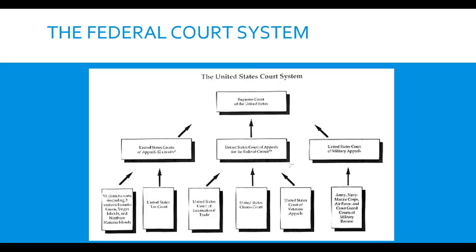And then below are the various district courts, tax court, international trade courts, veterans, military. So this allows you to see how the court system operates when a case is heard down at one of the lower courts. It does have the right to be appealed. And then from there, the final law would be in the Supreme Court.